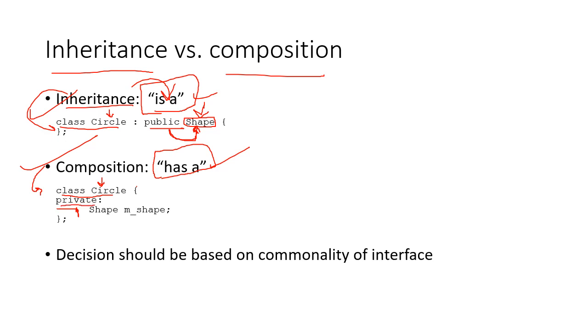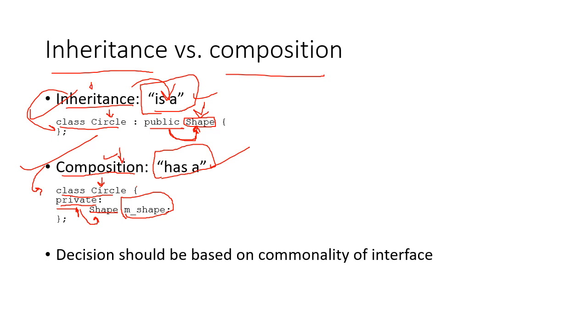Here you have a private member which has access to the class shape, m_shape. So it is not exactly the same as inheritance. It has inheritance classes, and it is itself an inheritance class.